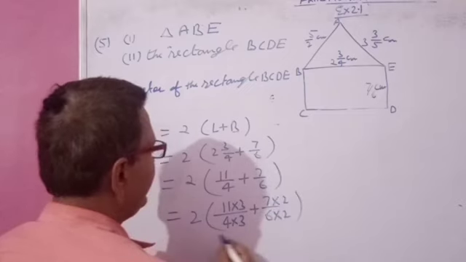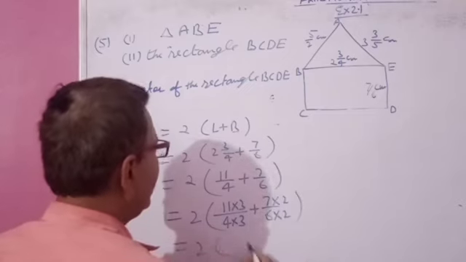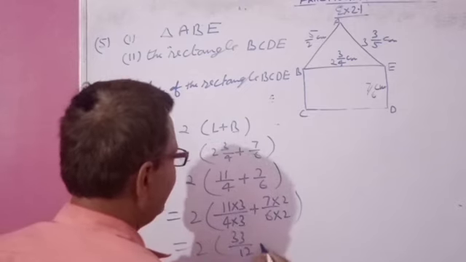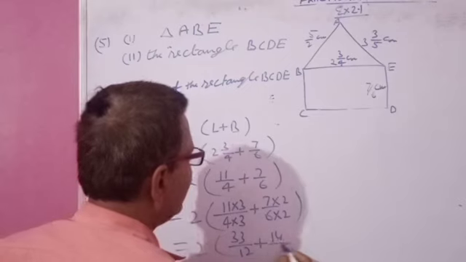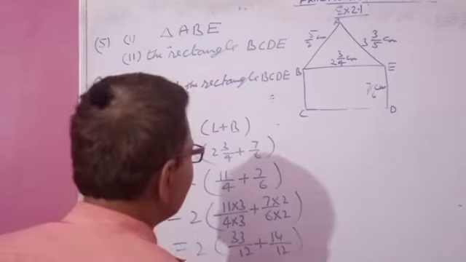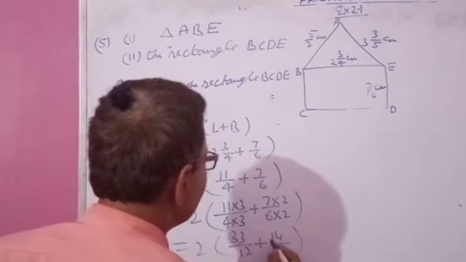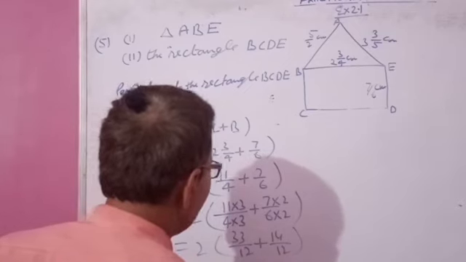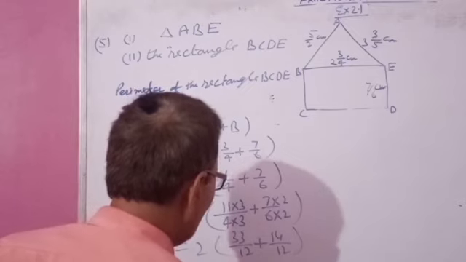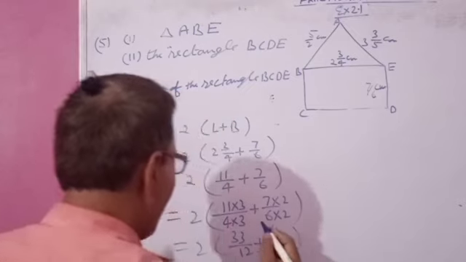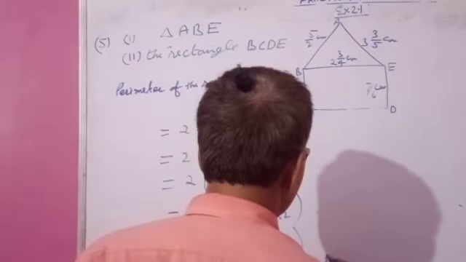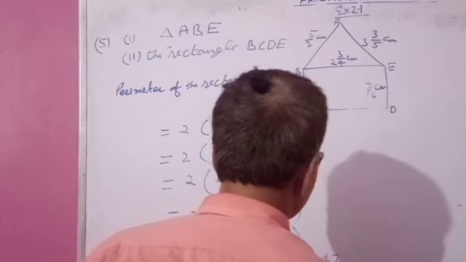So 11 times 3 is 33 upon 12 plus 14 upon 12, that is 47 upon 12, into 2. 2 sixes are 12. Now 47 upon 6.